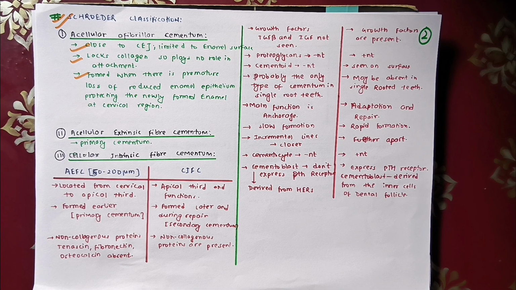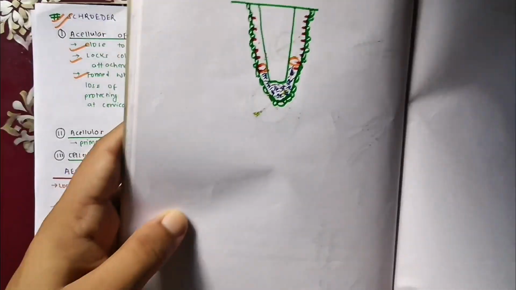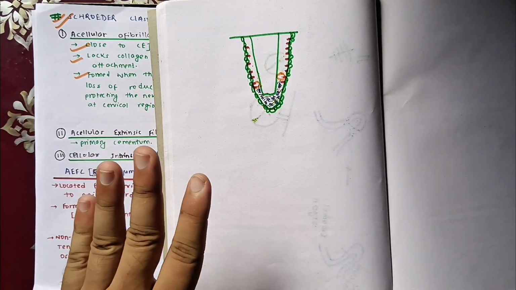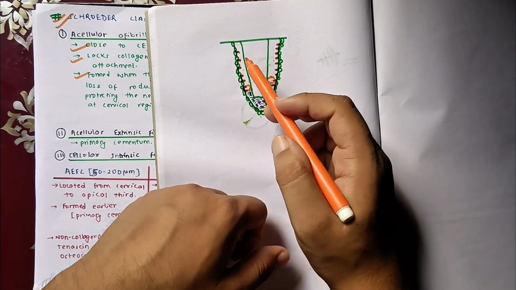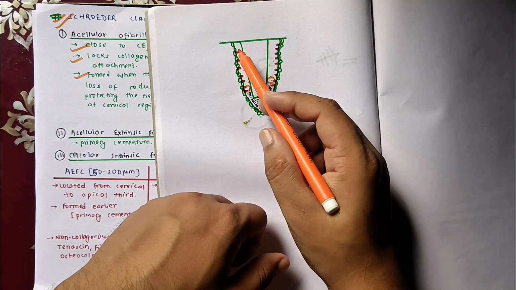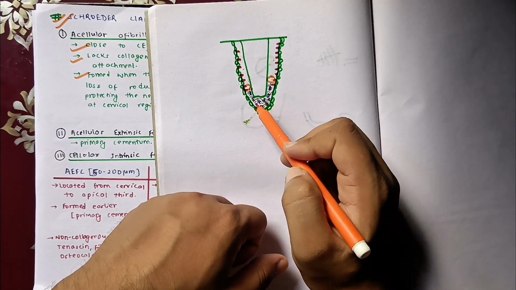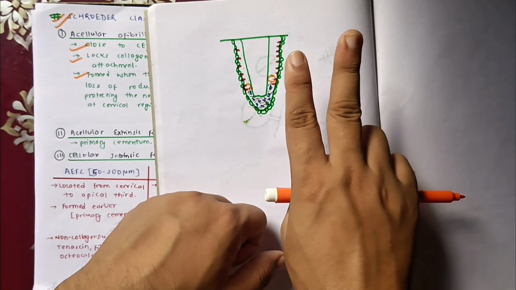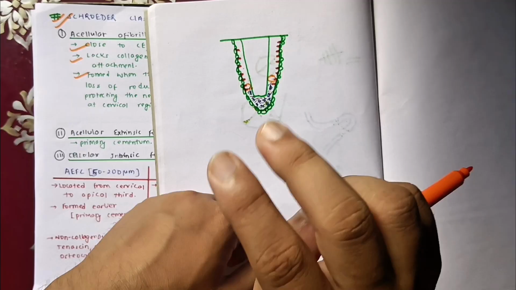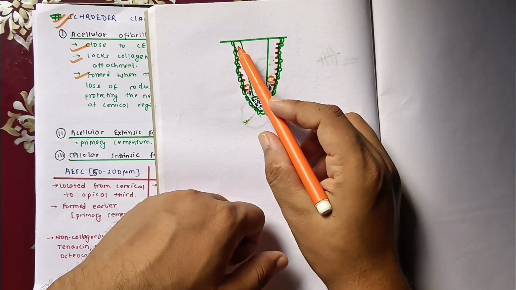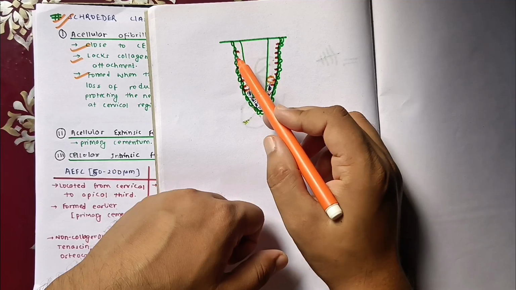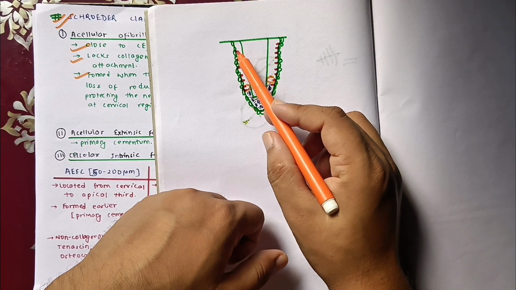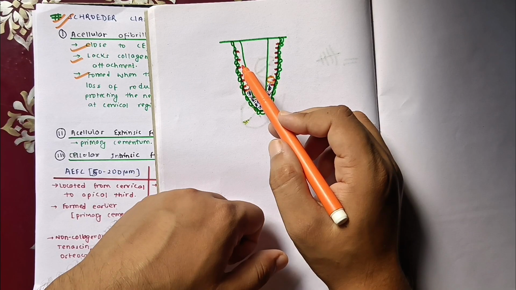I will show you this picture once again. I have told you about acellular extrinsic fiber cementum here and cellular intrinsic fiber cementum here, so I have discussed only 2 types of cementum so far. But now just listen to me. This portion of the cementum contains fiber and also cellularity.